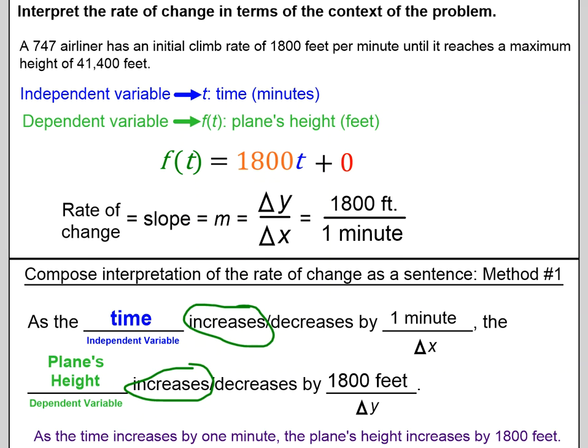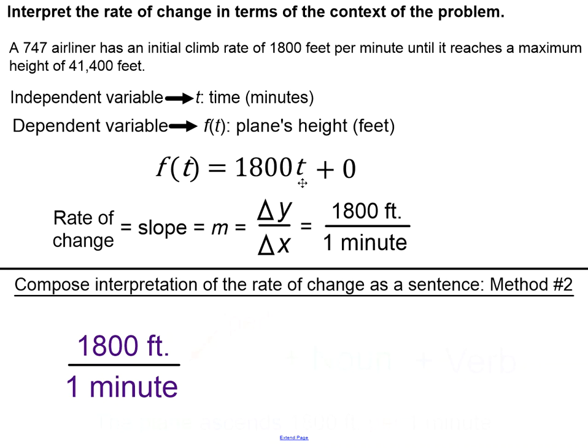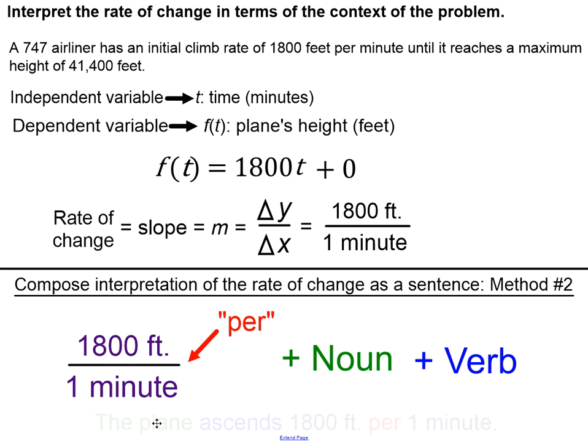Okay, here's another method you can use. The same ratio, 1,800 feet over 1 minute, written using the units. Phrase 1,800 feet over 1 minute, and the fraction bar that's in between these two values in the ratio, using the word per, and then just add a noun and add a verb, meaning this here.